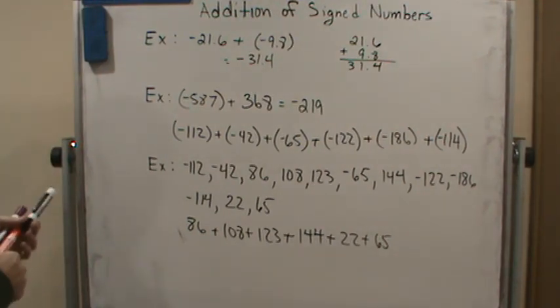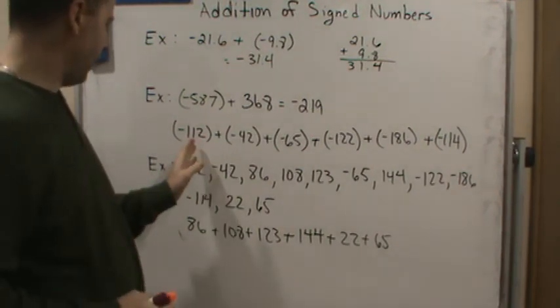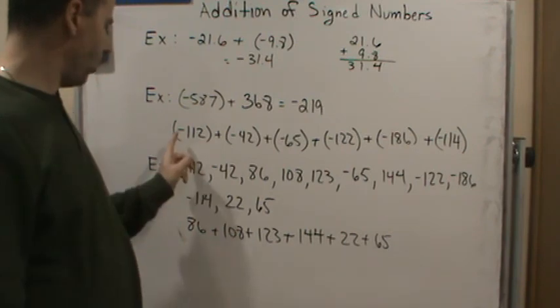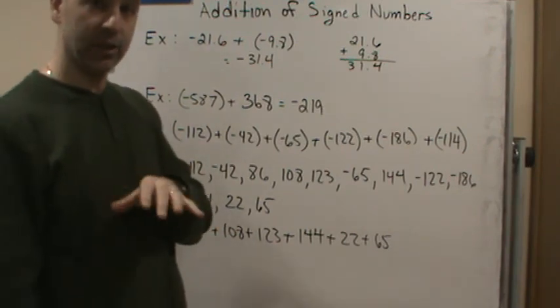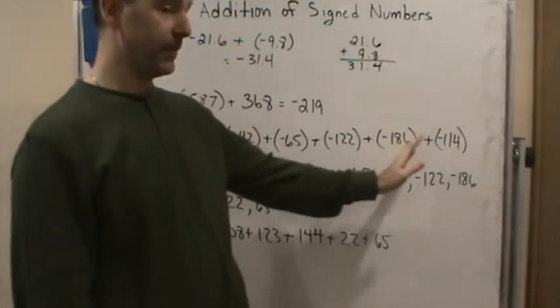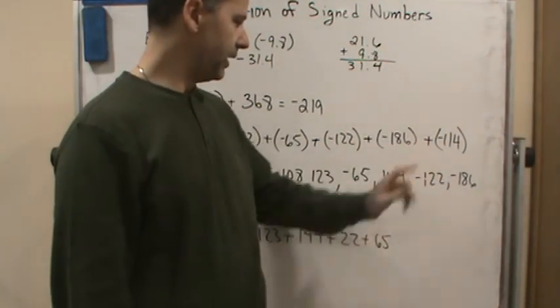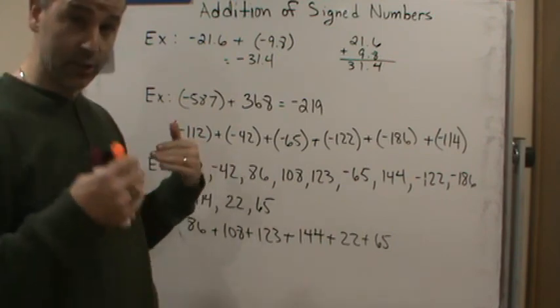And so now, all we have to do is get our calculator, and we can add up all of these numbers. Now here's the thing: in the calculator, if you're following the rules in your head, you don't have to actually put the negative sign in, because you know that the answer has to be negative. So just put the positive values in your calculator, add them, and realize your final answer is going to be negative.